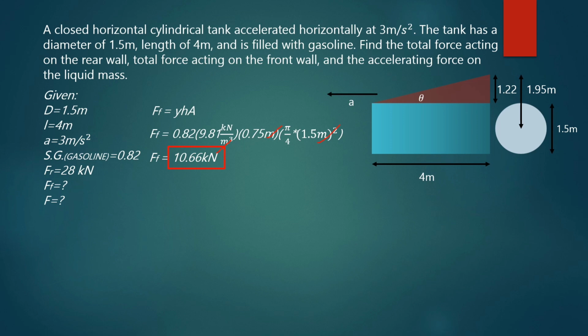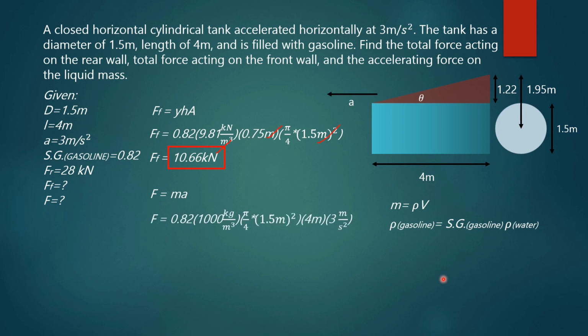And then solving for the accelerating force on the liquid mass, we will use the formula force equals mass times acceleration, where mass can be equal to the density of the gasoline times the volume. The density of the gasoline can also be equal to the specific gravity of the gasoline times the density of the water.